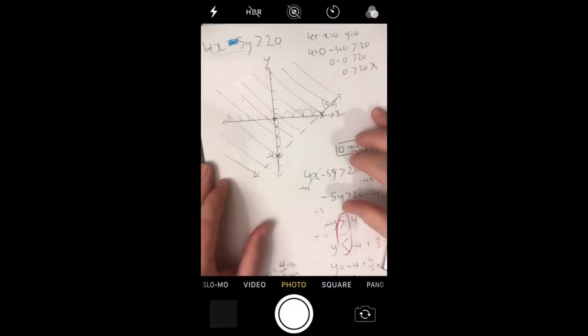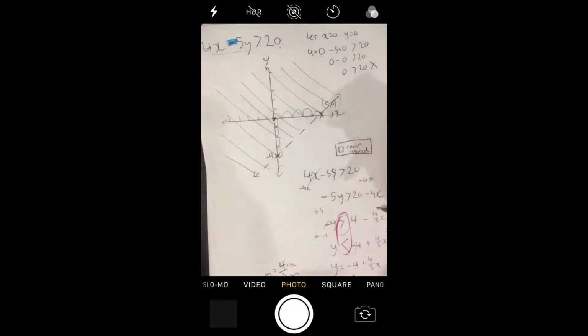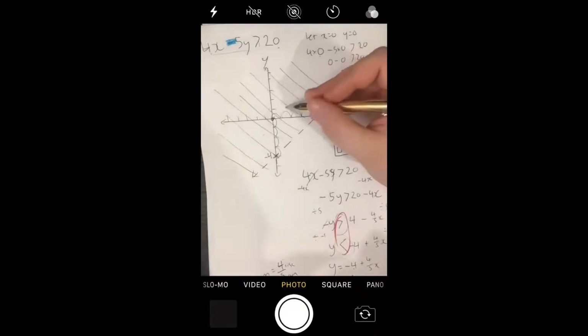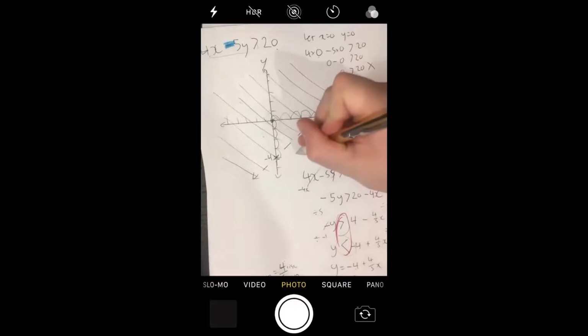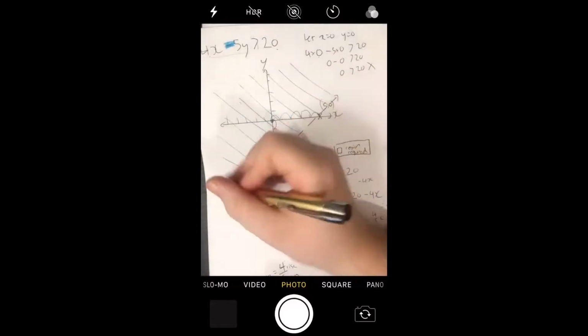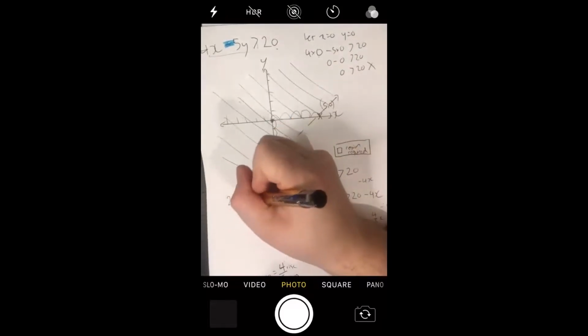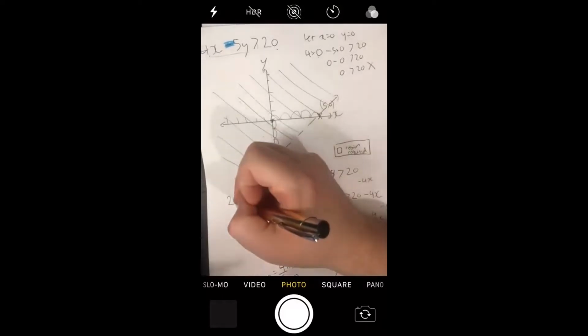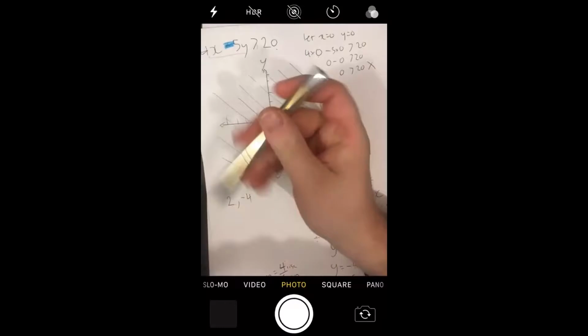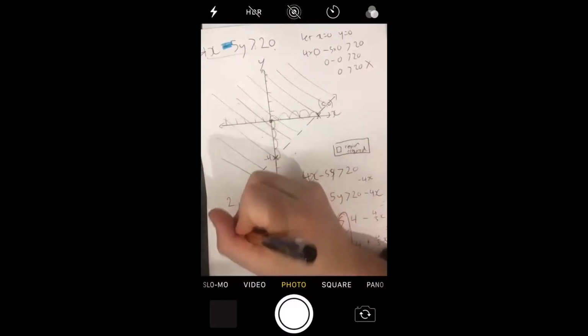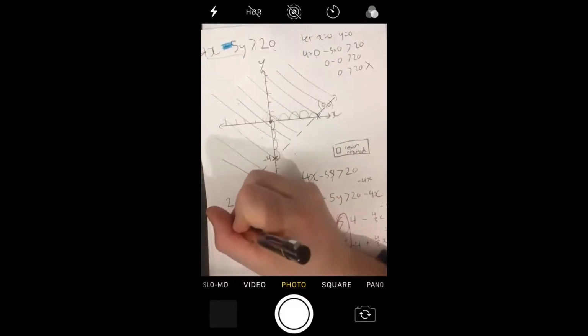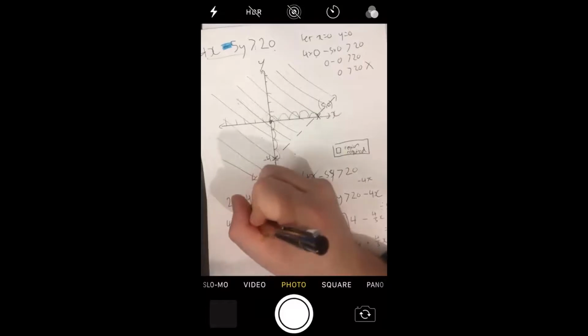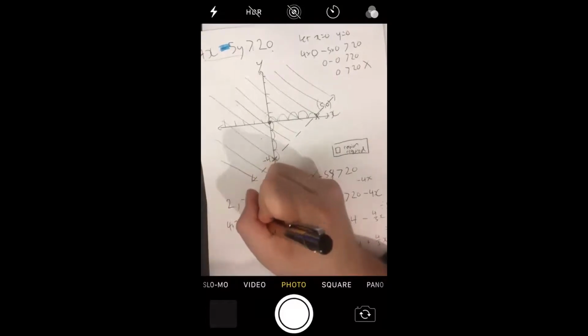Now I can actually choose any value. Let's choose this one here. So let's go 2, -4. If I substitute 2, -4 into this equation, I end up with 4 times 2 minus 5 times -4 must be greater than 20.